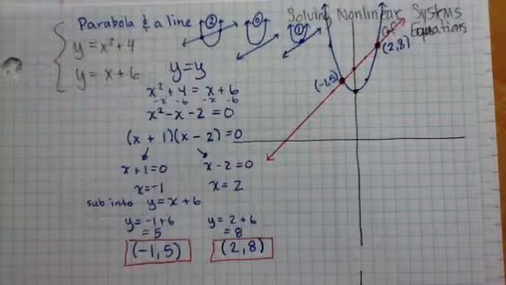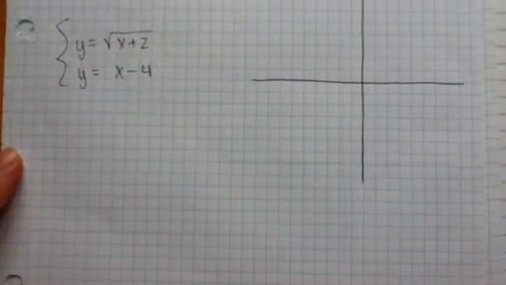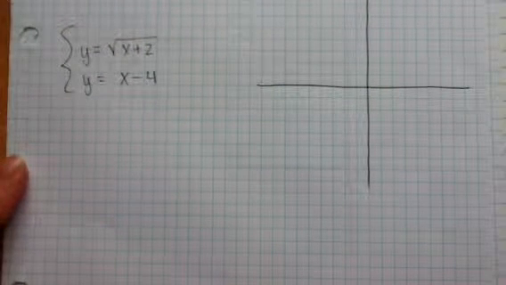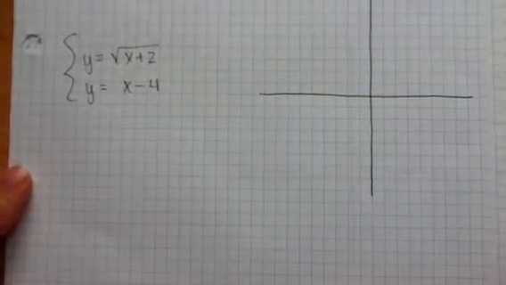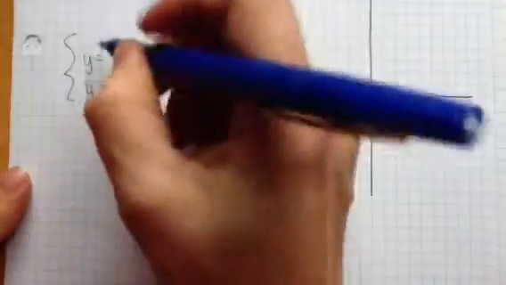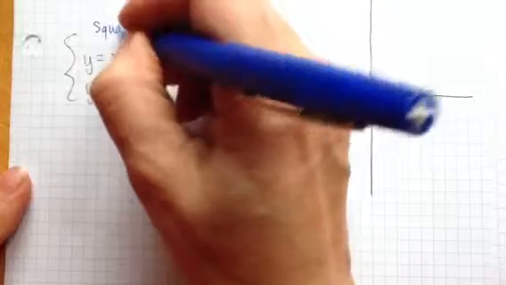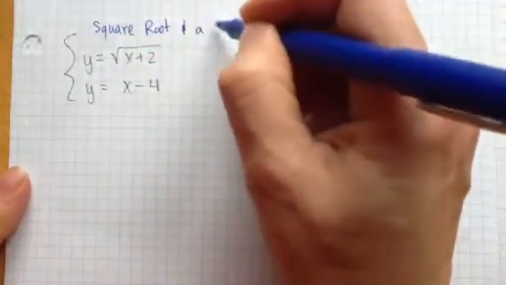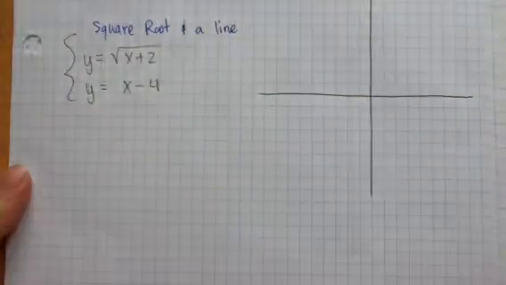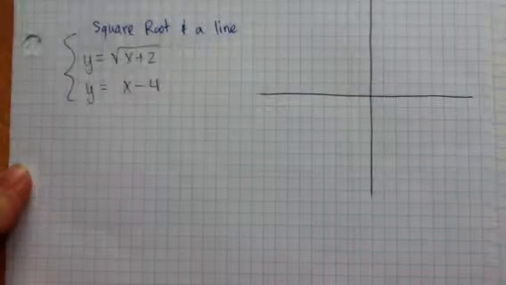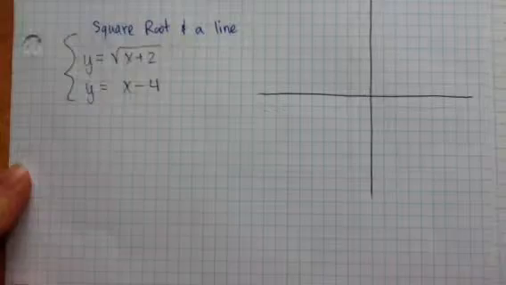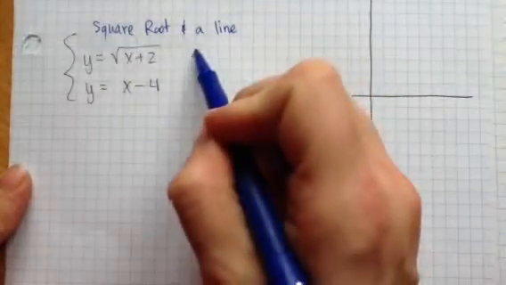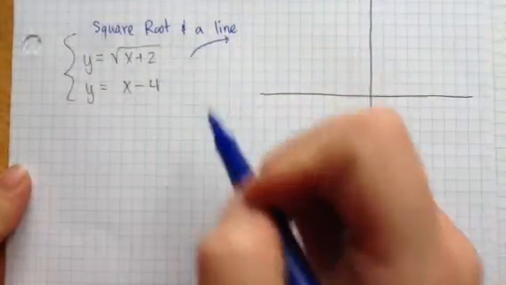Let's look at another example here. y equals the square root of the quantity x plus 2 and y equals x minus 4. Okay, this is a square root graph and a line. The square root graphs, of course, look like an eyebrow, as we say.